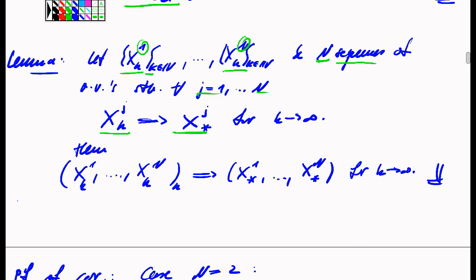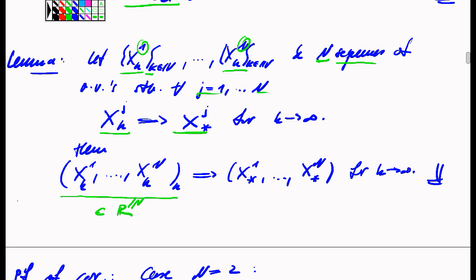Then I can consider the sequence of random variables, which then will be Rn valued. And I can just write them as a joint array, if you like, or it's just one Rn, Rn valued sequence of random variables.